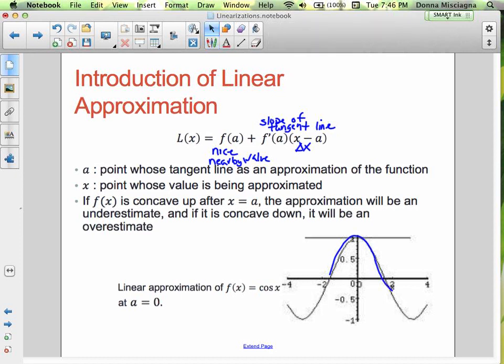And in some places the graph is concave down. So right here it's concave up. Here it's concave up. And here it's concave down.